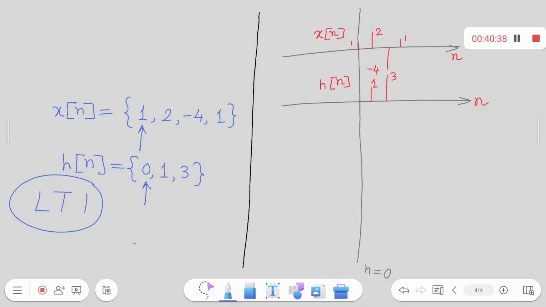You visualize this x of n, as I did previously, as the scaled and time shifted version of the delta function. Let me draw here only.